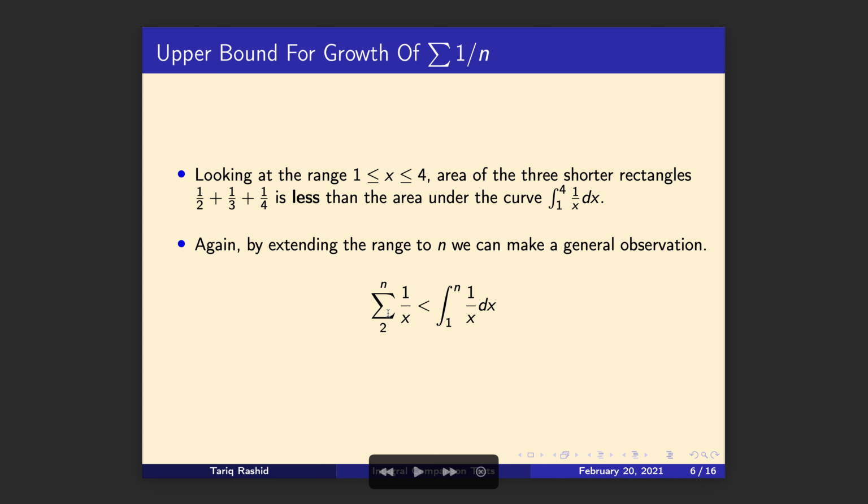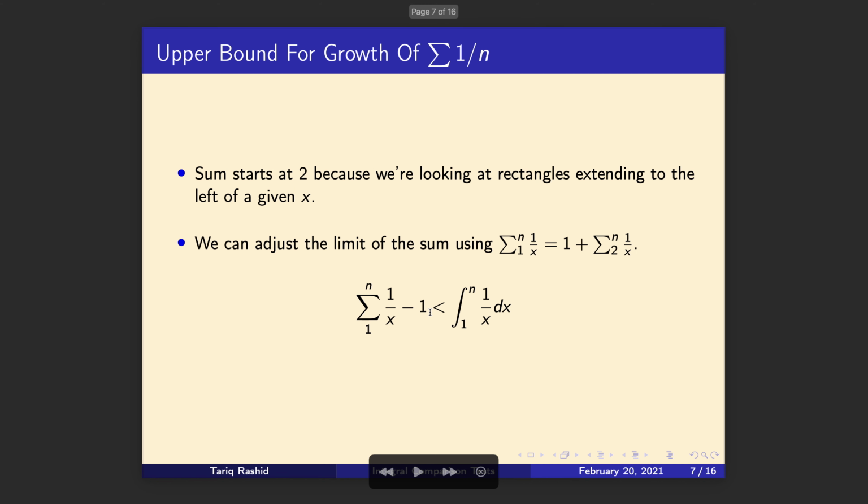Great, and this is now less than the integral, whereas before we were looking at more than the integral. And we can fix that sum that starts at 2, because we can just adjust it by saying 1 over 1 plus that sum starting at 2 is the same as the sum from 1 to n. So we can just substitute that into our expression.